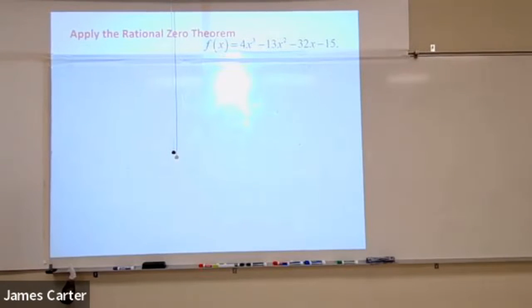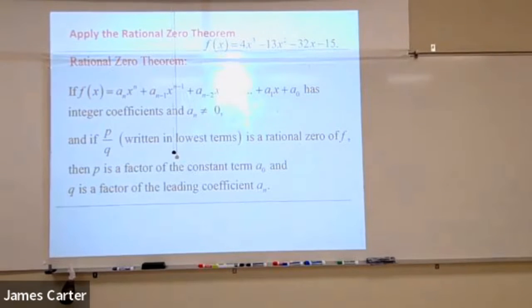Okay, apply the rational zero theorem. That's what it says. Comparing this to that, A would be this 4. There's the x, and this little number just says that it goes with the first term.